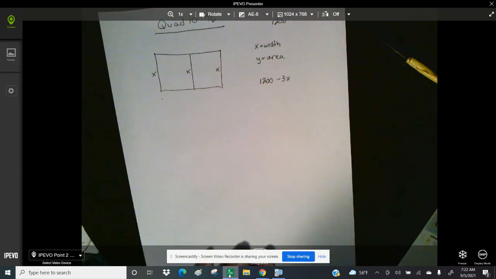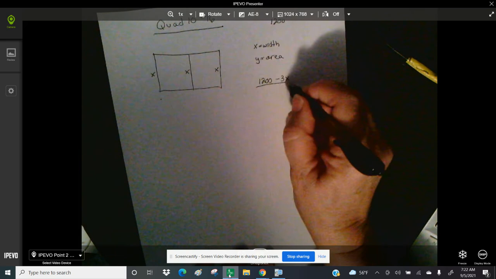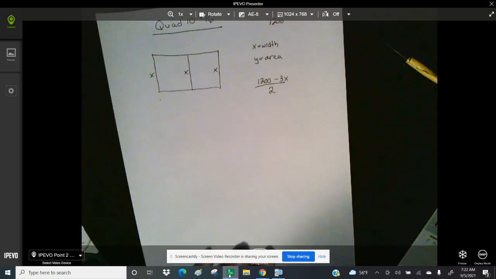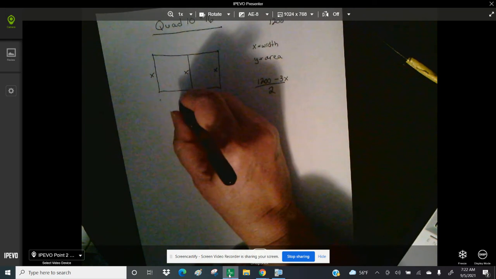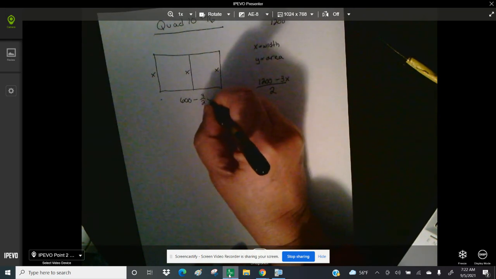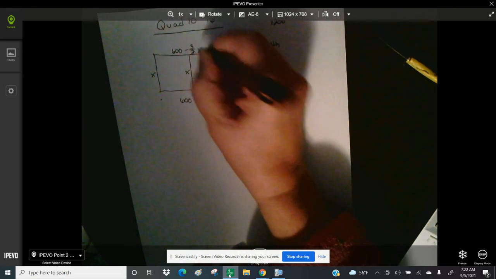So there's two places I have to put that fencing. So if I want to find an expression for just this length, I have to divide that by 2. So I know that this is going to be 600 minus 3 over 2 x. That's what this length would be. And this length would also be 600 minus 3 over 2 x.